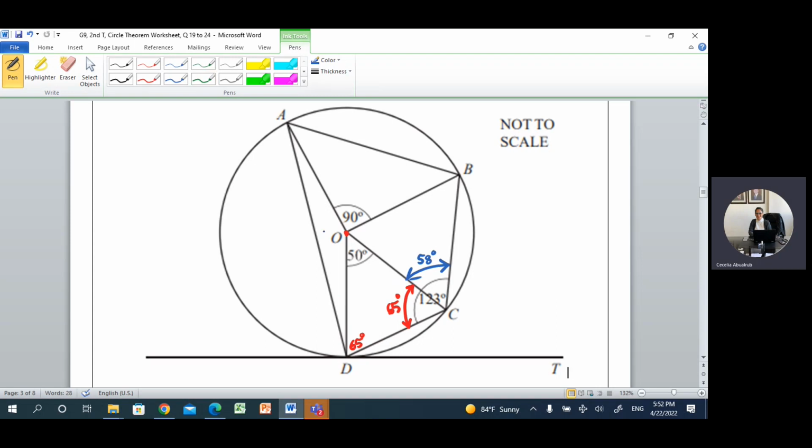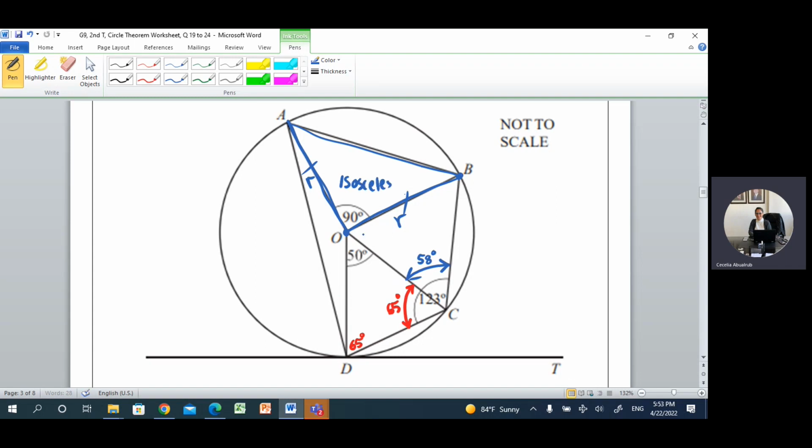If I go to this triangle OAB and back to O, this is the center of the circle. And from O to A, this is a radius. From O to B, this is another radius. So OB is equal to OA, which makes this triangle an isosceles.